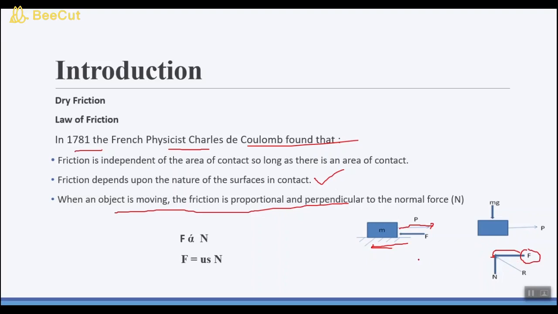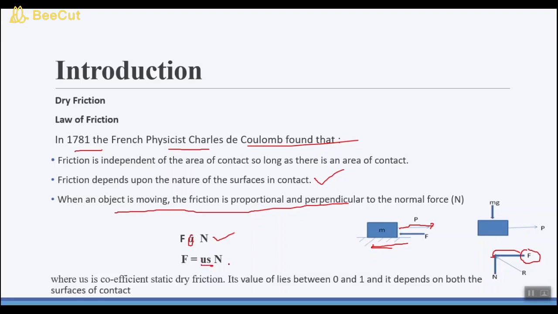Here we can see in mathematical form that friction is directly proportional to the normal force. If we remove this sign of proportionality, we replace it with a constant known as the coefficient of static dry friction.